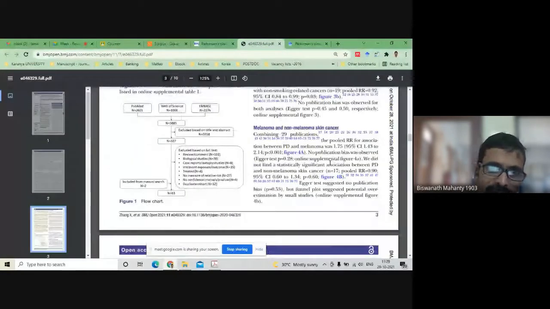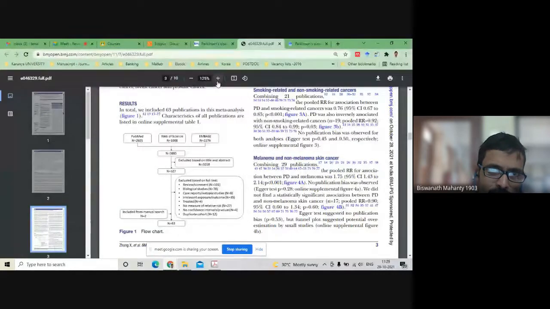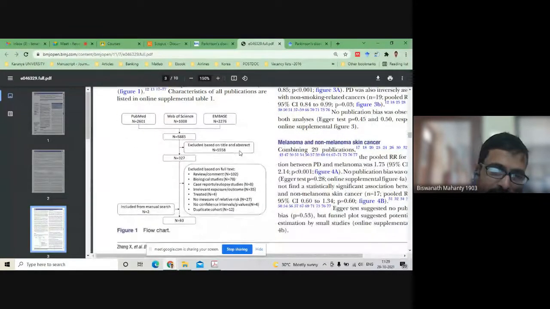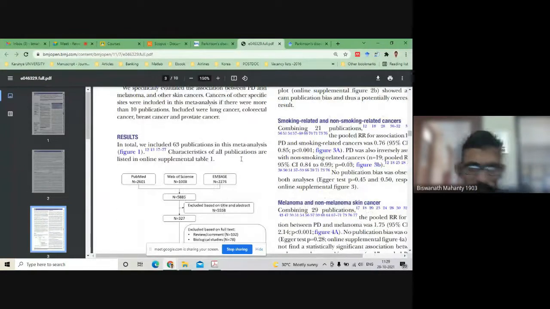You see this diagram. When I publish some work on this, we will also have this. This is very important for systematic review. This is called the PRISMA flow diagram. Okay. PRISMA. What is PRISMA? That I will tell you later. PRISMA is actually a methodology, the process, preferred reporting items for systematic reviews and meta-analyses.